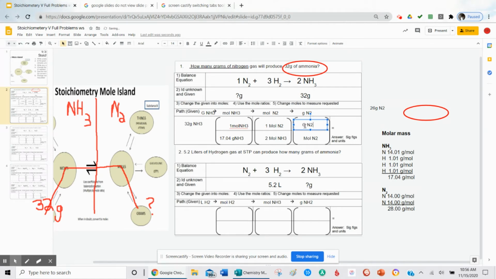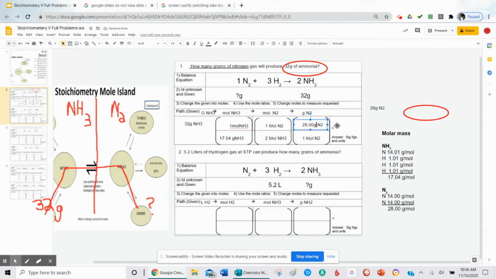And where do I get this number from? Well, this is my conversion for 1 mole. So for every 1 mole of nitrogen gas, which has 2 nitrogen atoms, I have 28.00 grams.